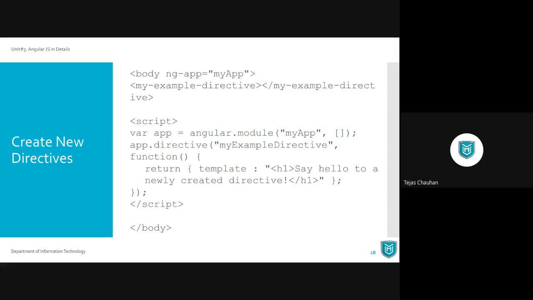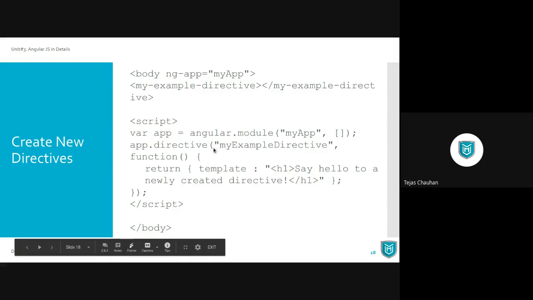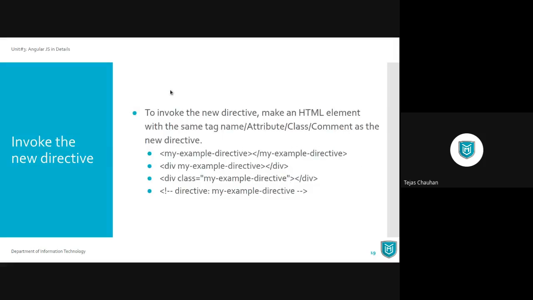Now by default, all the user-defined directives will be accessible through the element, meaning tag name, or the attribute. So the first two examples, either you can have it using the tag name itself, the entire element, or the attribute way.